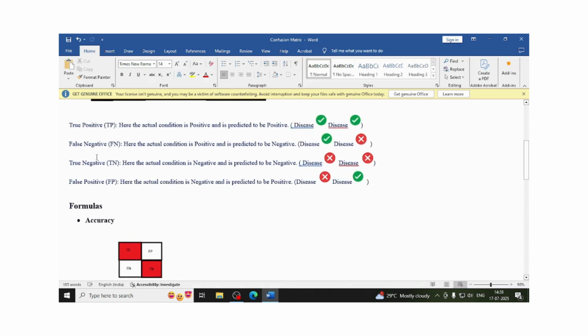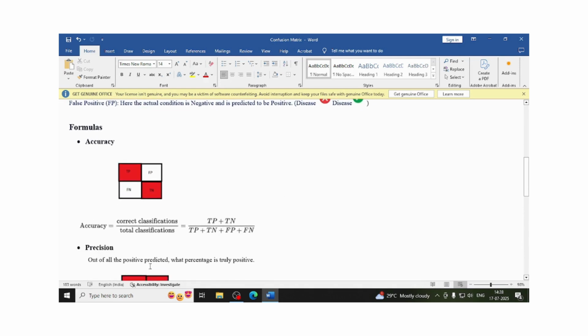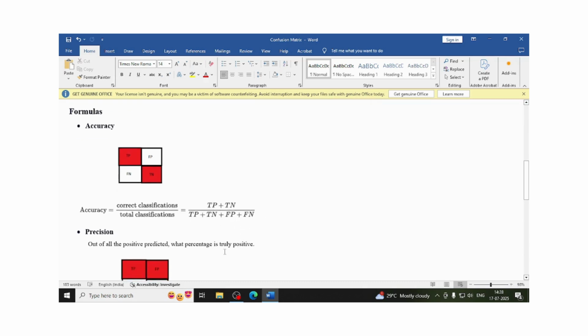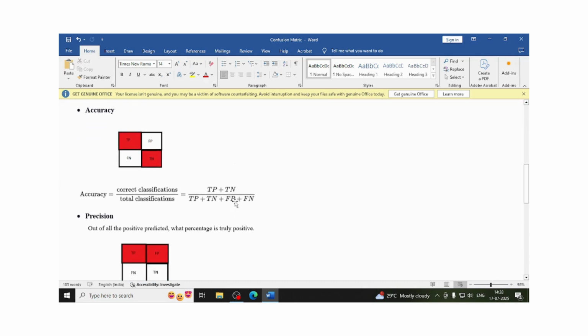But in false negative and false positive, one condition must be wrong. So overall, correct classification divided by total classification is the formula for accuracy, that means TP plus TN divided by TP plus TN plus FP plus FN. That is overall about accuracy.